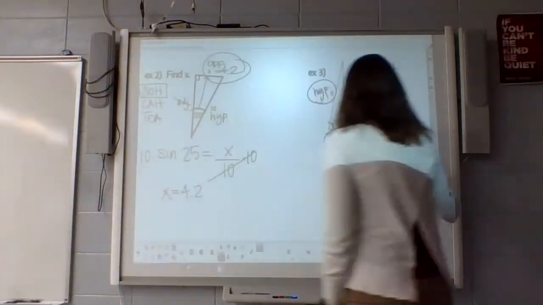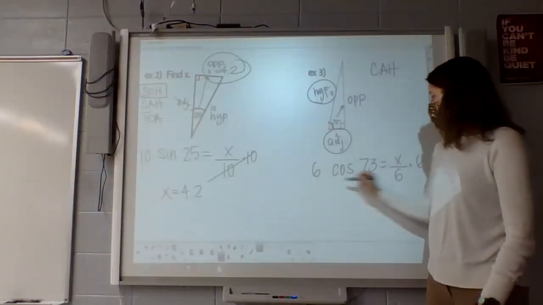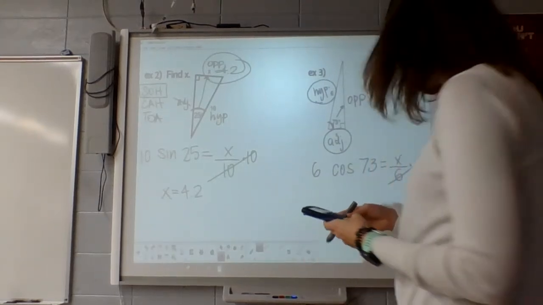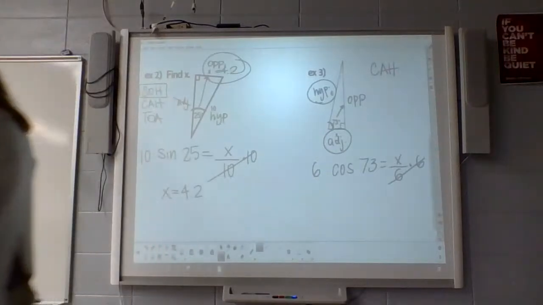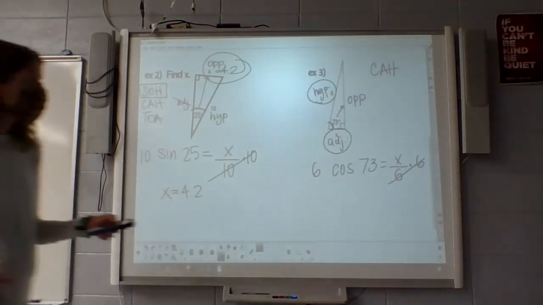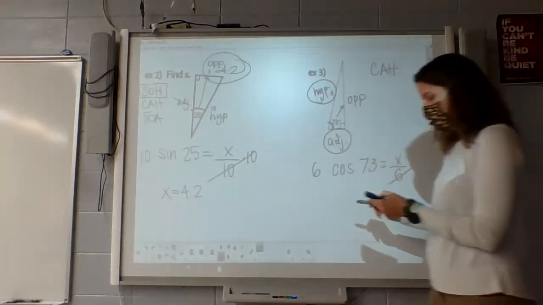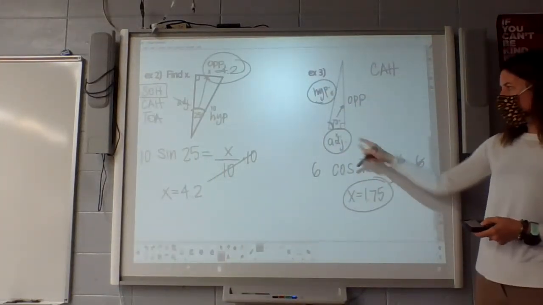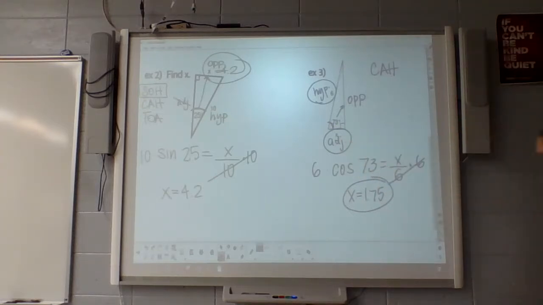Alright, so now we have to multiply by 6. So again, cosine works exactly the same way, just make sure you use the right trig function. And my x value ends up being about 1.75, which again makes sense because our x is a pretty little side there.